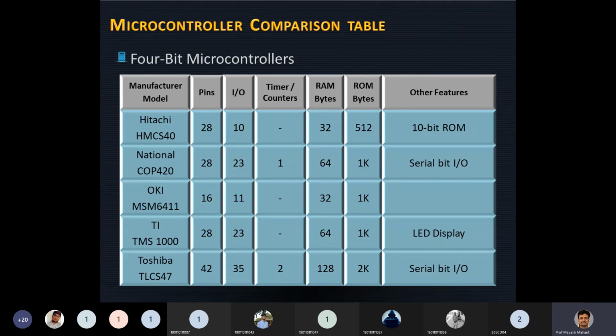Can anyone tell me, if I'm talking about the 8085, how many bits the CPU can process at a time?